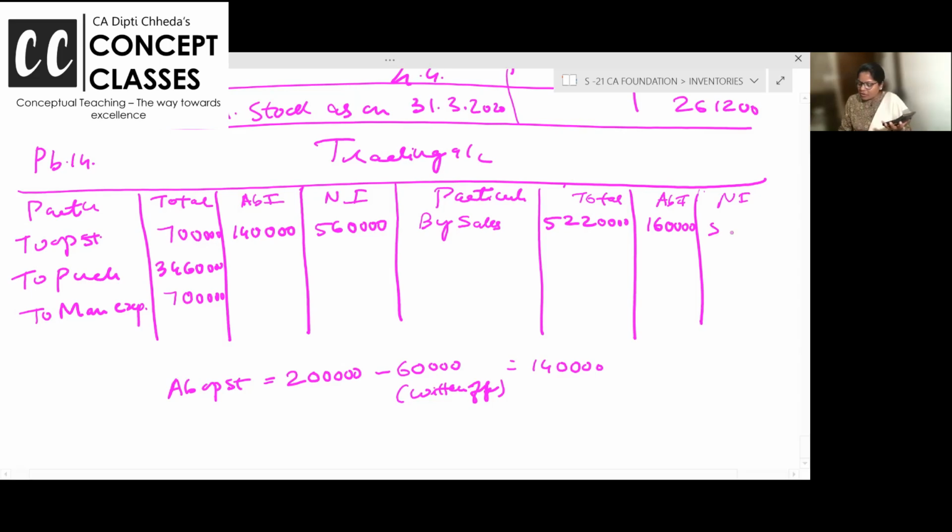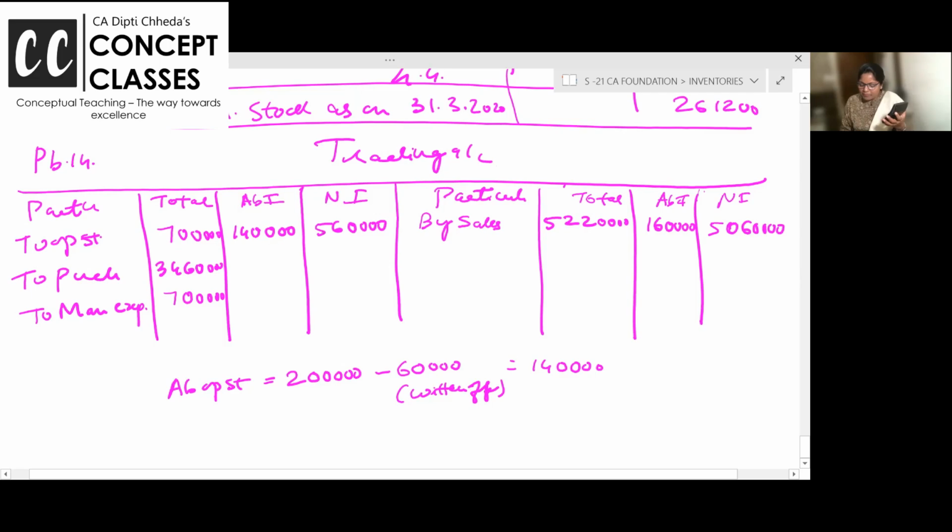So what is your normal sales? ₹50,60,000. Done.